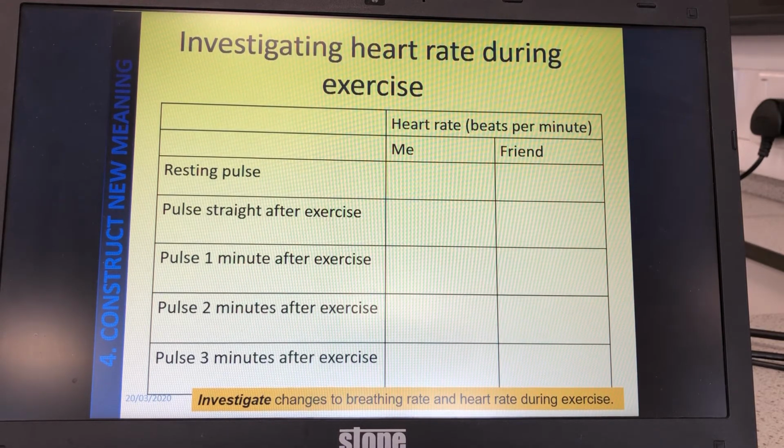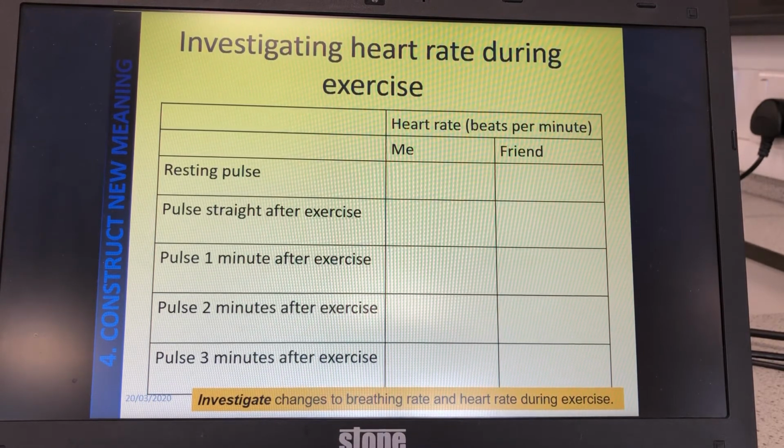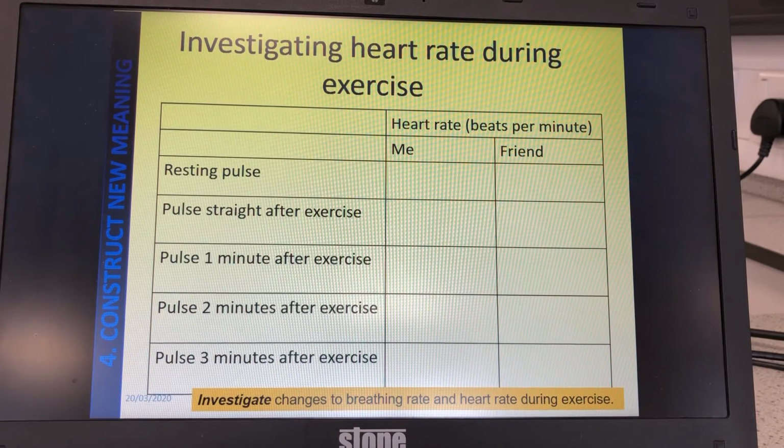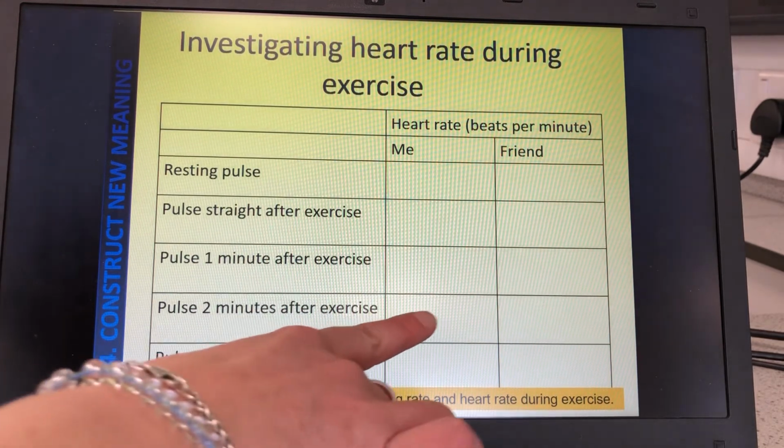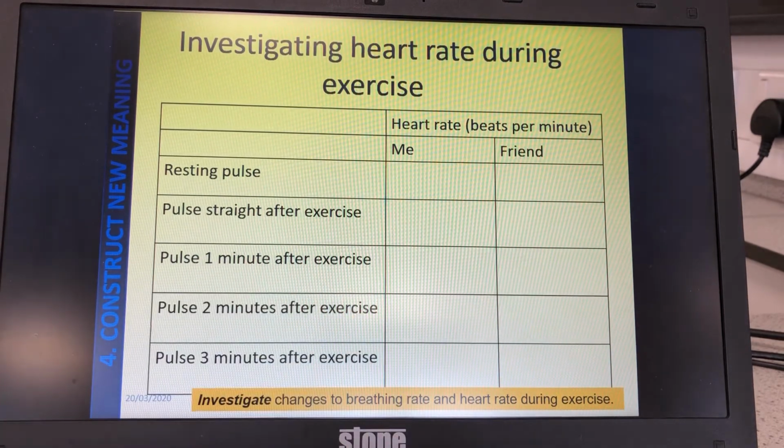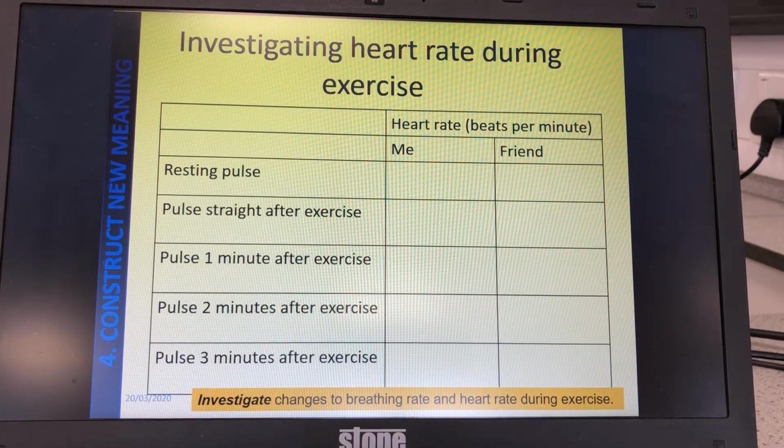Okay, and go. Nearly there. This is our 2 minutes after exercise. And stop, double it, and that goes in this box here. Last one coming up.